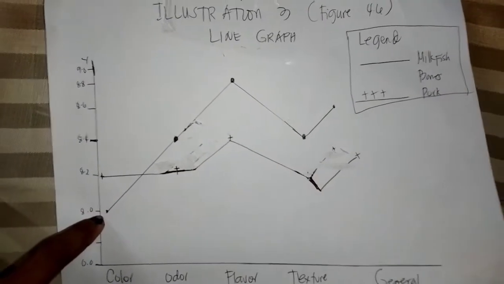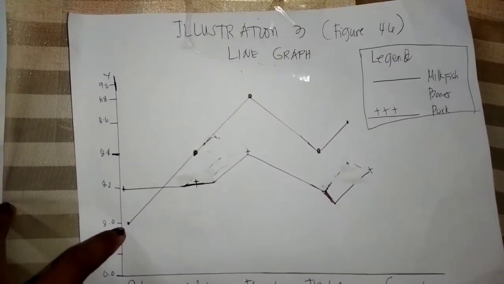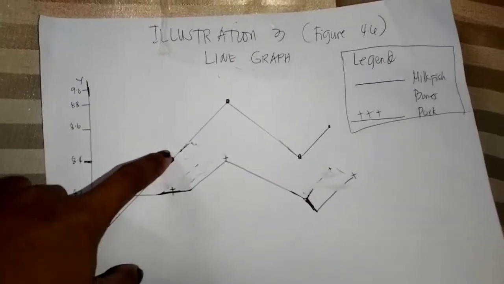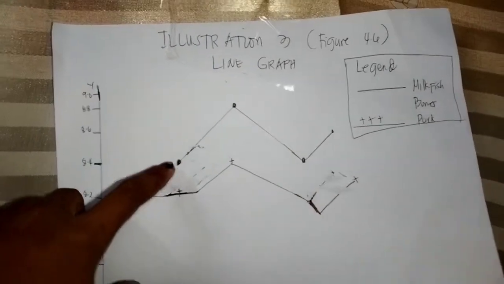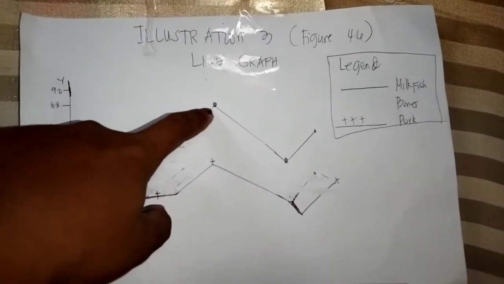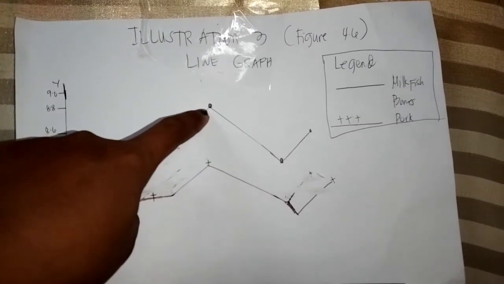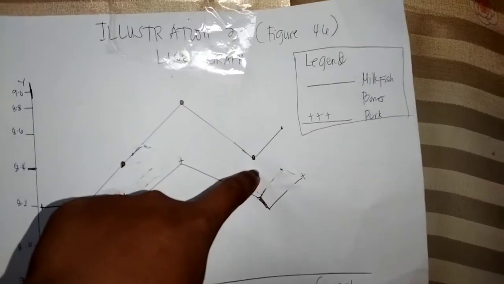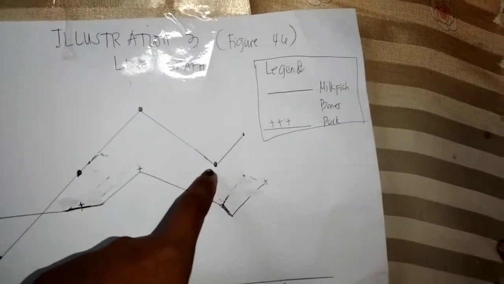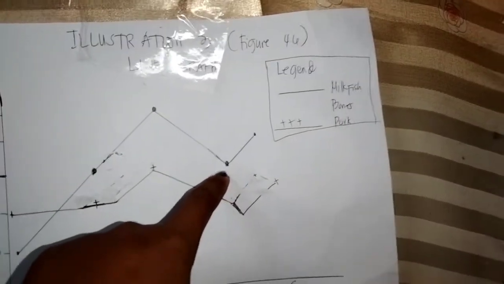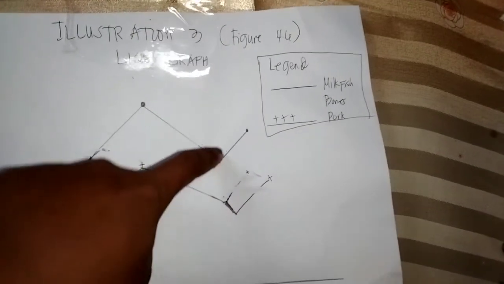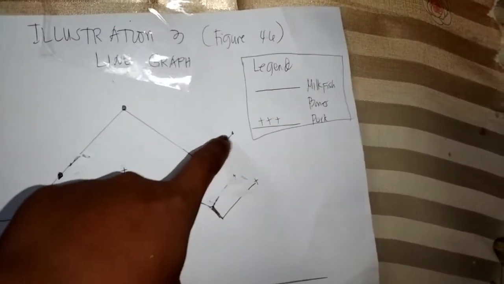From 8.0, the milkfish bones reach their highest point up to 8.8. From 8.8 it goes down to 8.3. From 8.3 it increases again to 8.5.